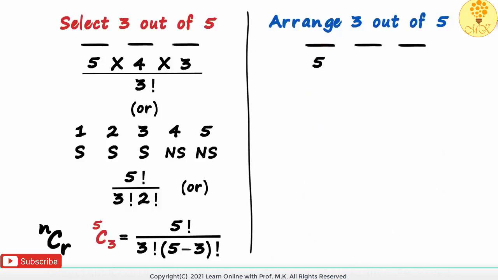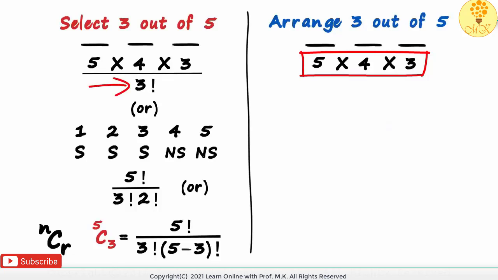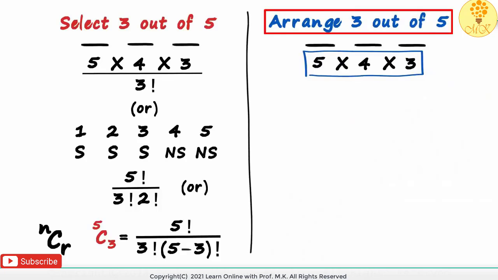It means there are 5 ways in which we can pick the first object. After one object is picked up, just 4 remain for the second one, and 3 remain to be chosen from for the third one. As the order matters, each arrangement will be different. So we don't divide this by 3 factorial like we did before. So these many ways in which we can arrange 3 objects out of 5 distinct ones.